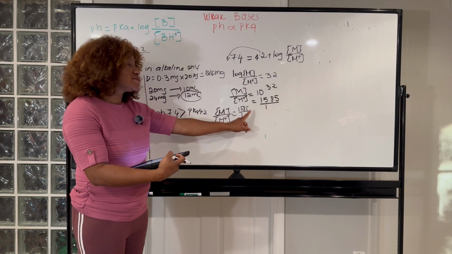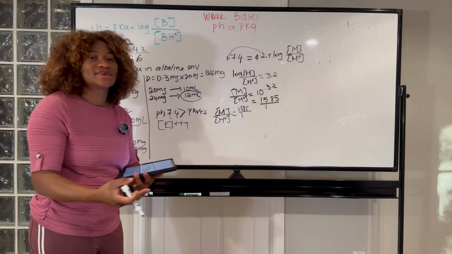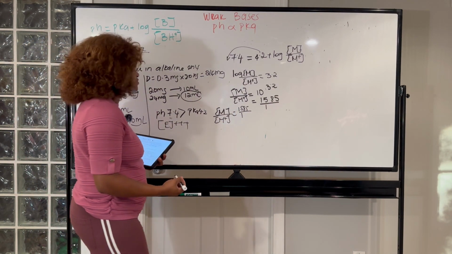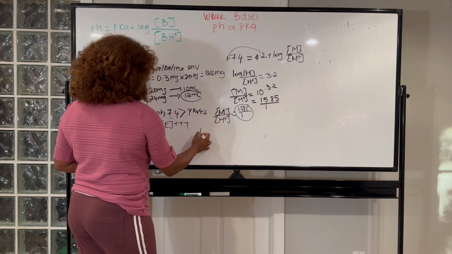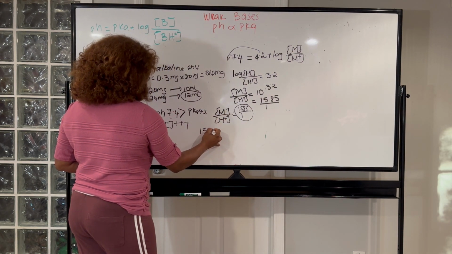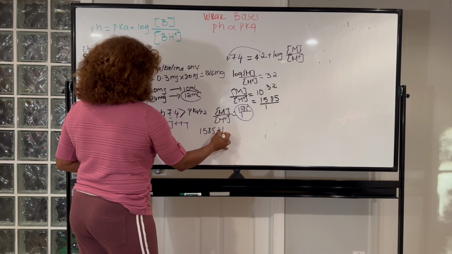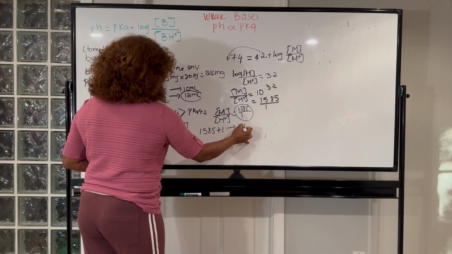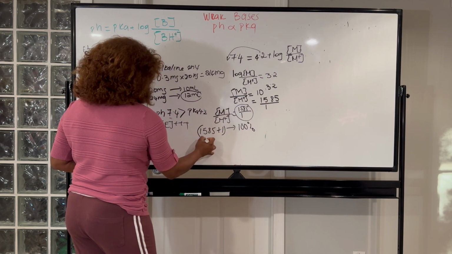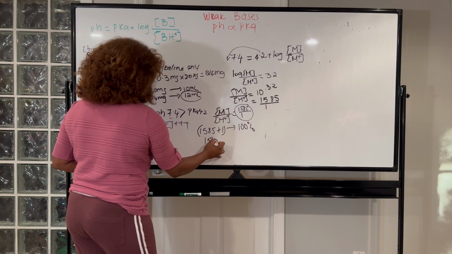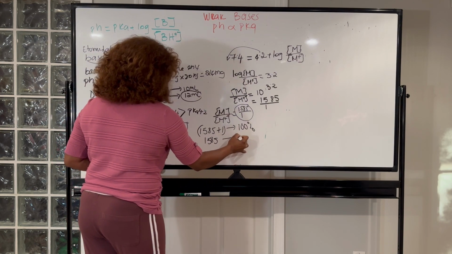So we want to bring this now to the percentage so we can find a solution to the question. Because this is a proportion, technically 1585 plus 1 gives us 100% of the drug. Now, how many percent will 1585 give me?